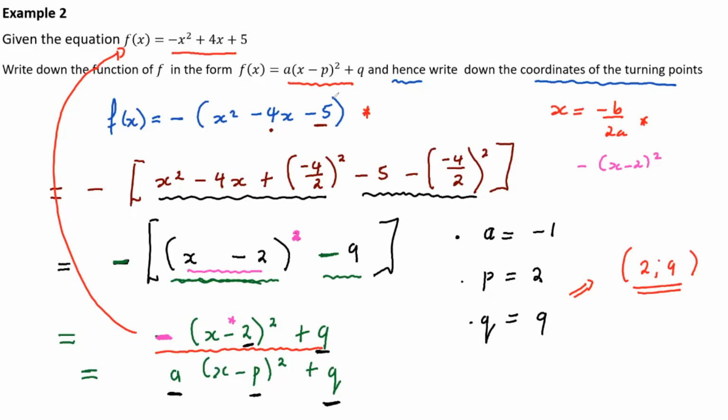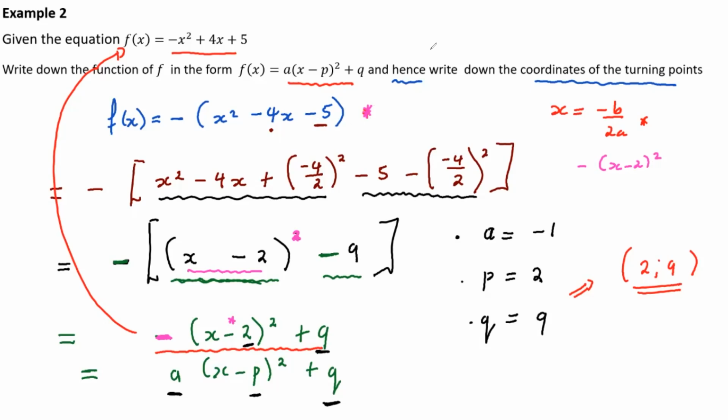Okay, second question is that if I was asked to identify the turning point, and my equation didn't have a negative coefficient of x, would I be correct if I said my turning points are -2 and 9?